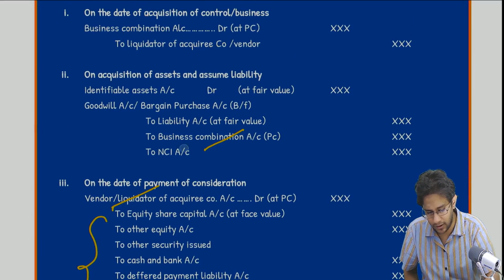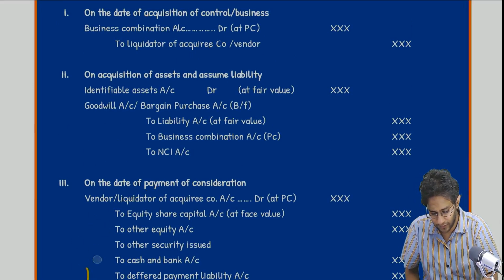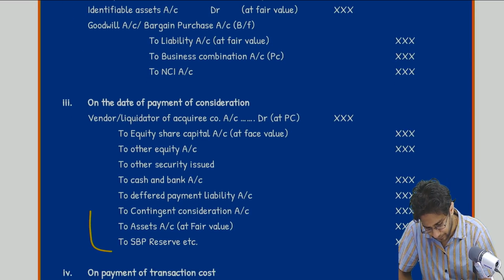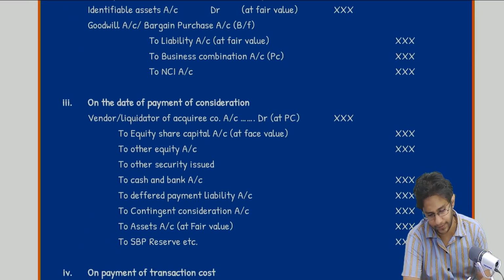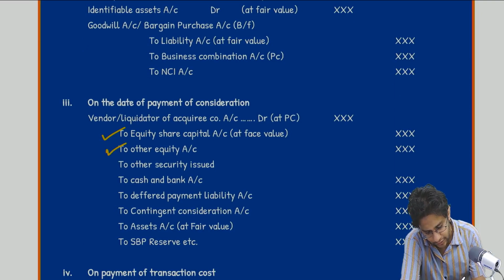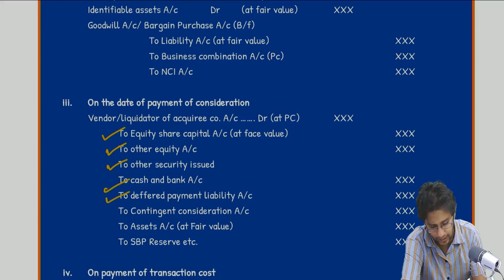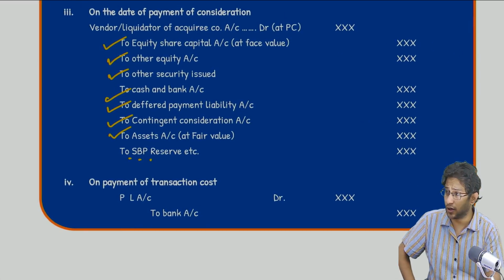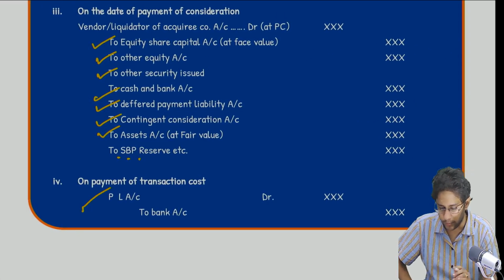This also is applicable only in the case of an absorption case. So here in the PC part, if you issue share capital, securities premium, some debentures, cash and bank, deferred payment liability, contingent consideration, or assets, the bargain purchase reserve case is pending, I did not yet discuss it with you. Any expenses are there, directly you will debit it to your PRL.